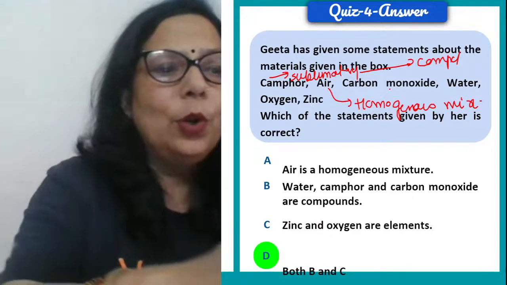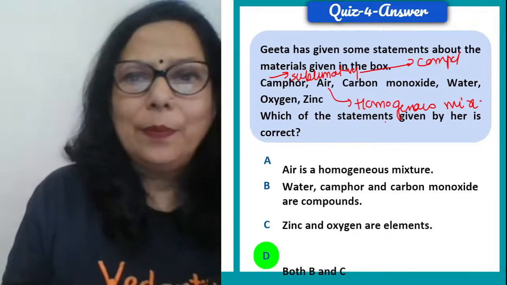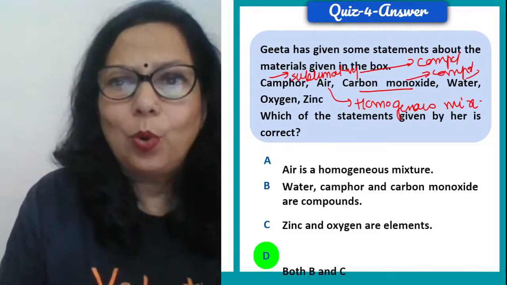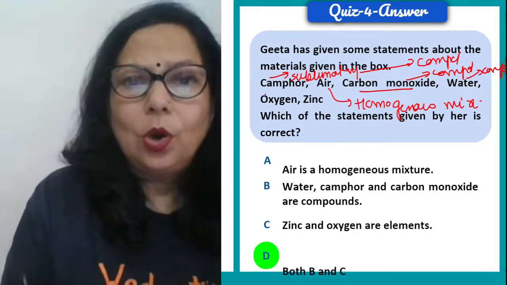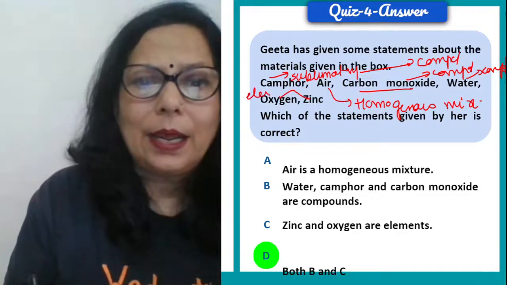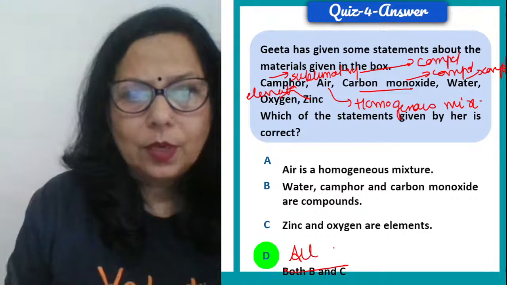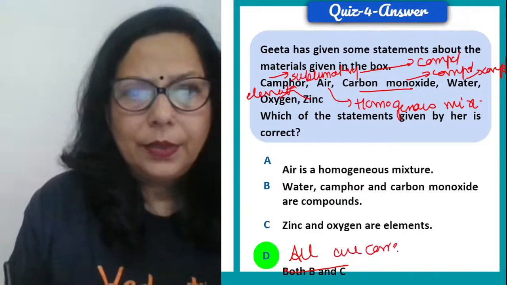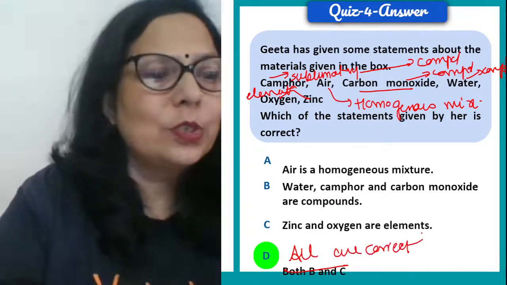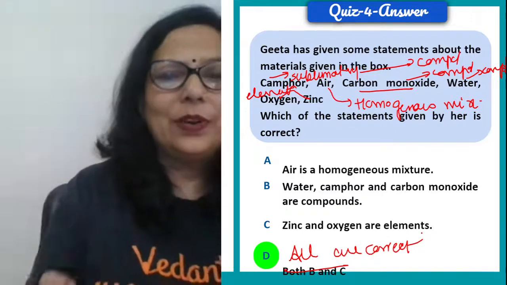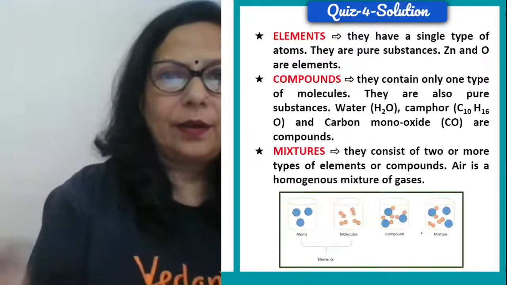Next is carbon monoxide. Carbon monoxide is a compound. Water is a compound. Oxygen and zinc are elements. So actually all are correct. Air is a homogeneous mixture is also correct. Why homogeneous? Because you cannot make out the different components of air.